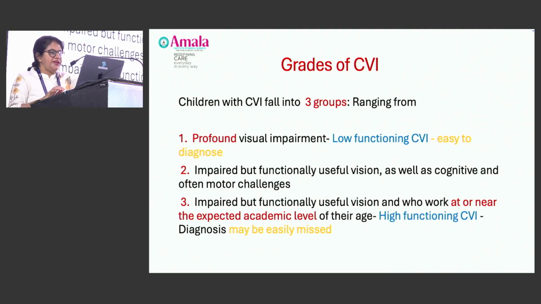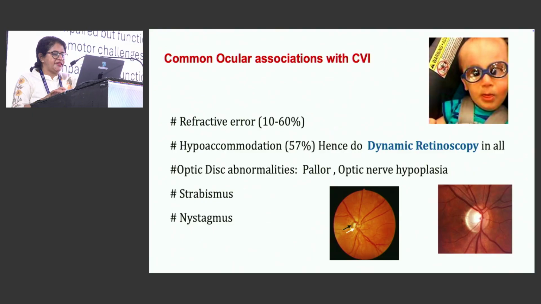Now coming to the grades of CVI, it can range from profound visual impairment or low functioning CVI, which is easier to diagnose, to high functioning CVI, where they work at or near the expected academic level of their age group. And here the diagnosis may be difficult and may be easily missed.